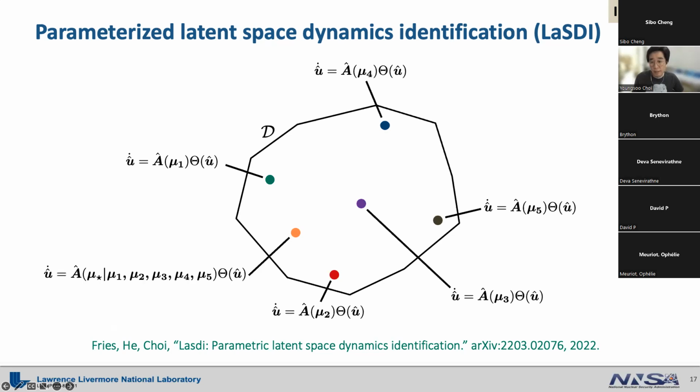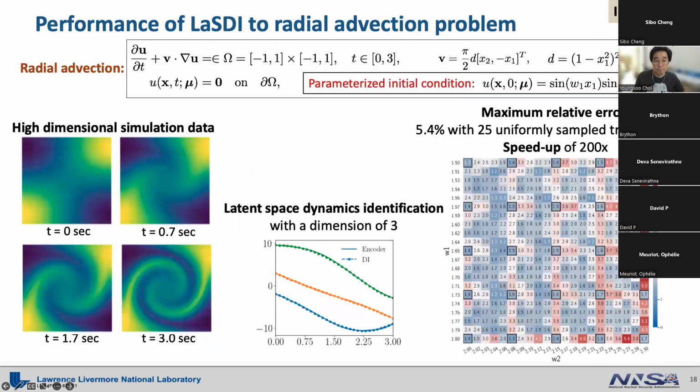Then you can interpolate the linear coefficient of the ODE for the testing point mu star. Note that the coefficient matrix A depends explicitly on the testing parameter mu star, as well as all the training points. As you can see, you can apply a similar interpolation for other testing points as well.